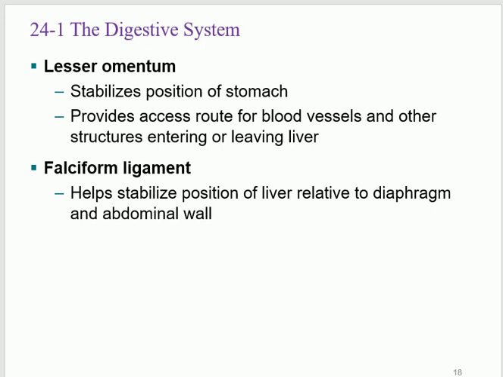Look at this outside. This is the greater curvature. So attached to the lesser curvature, to the liver above, is the lesser omentum. Coming from the greater curvature, greater omentum. Did we get where the name came from? Lesser omentum, lesser curvature. Greater omentum, greater curvature. It depends on which curvature of the stomach it is coming from.